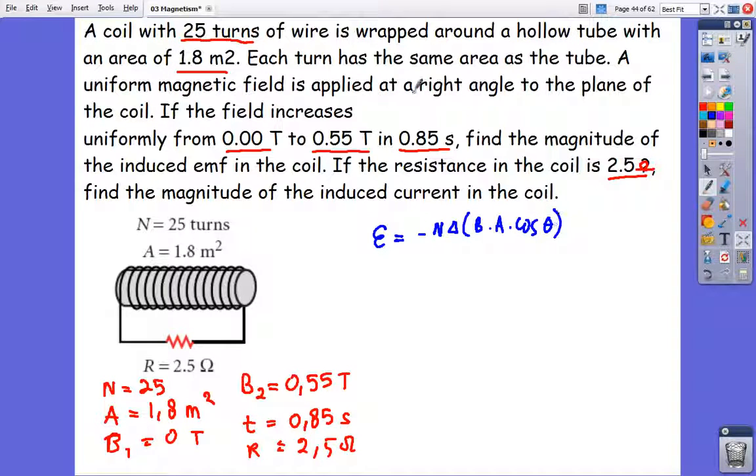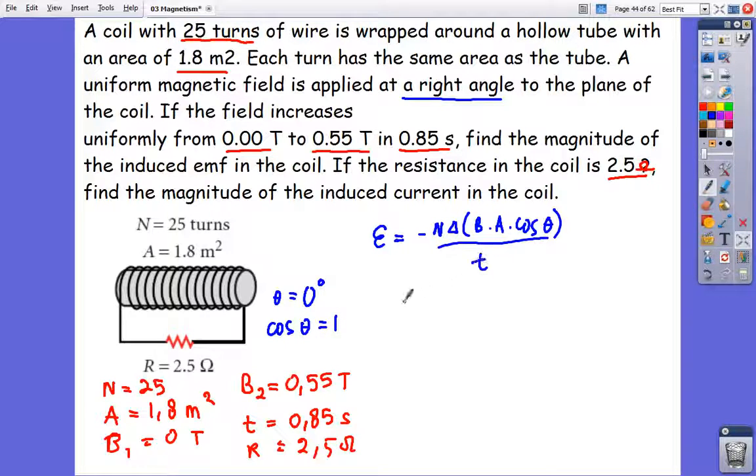Oh yeah, the angle between B and A is 90 degrees, and we know that it's the right angle with the plane, so actually theta is 0, so we have that cos theta is 1.